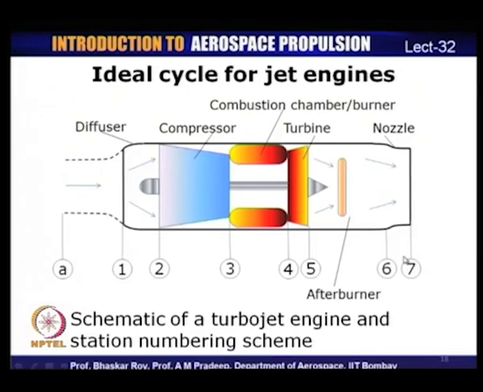So we are going to follow this numbering scheme in the sense that if we write temperature as T3, it means static temperature at compressor exit, and if we write T03, it means stagnation temperature at compressor exit. Similarly, we are going to use these numbering schemes for pressures and densities and so on.